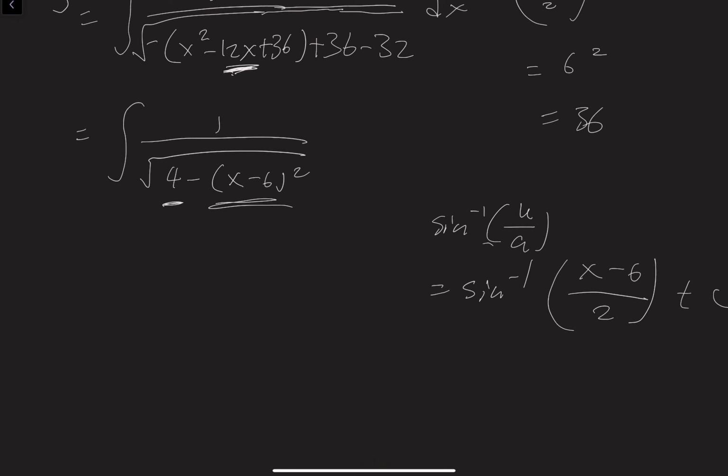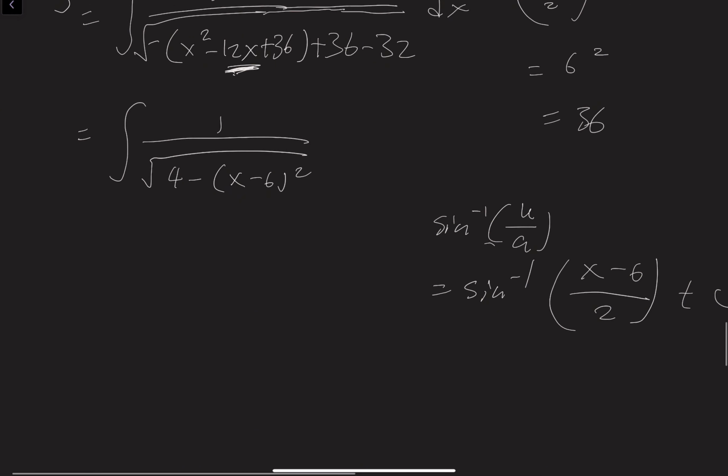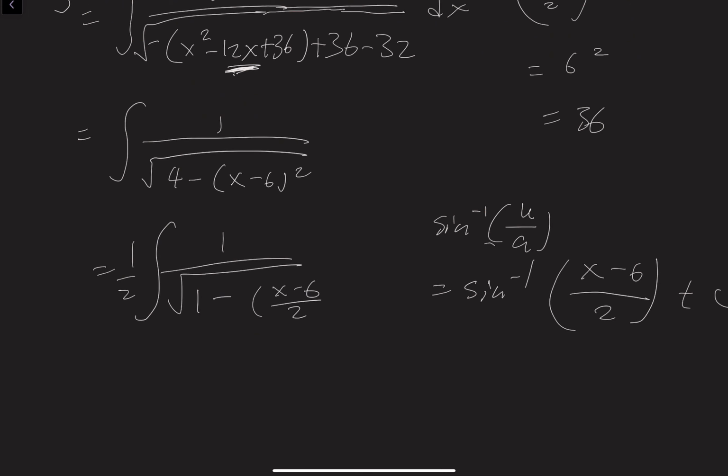So now we're going to factor out 1/2, equal to 1/2 times the indefinite integral 1 over square root. If we multiply this by 2 and we want to take it off from the square root, we have to square it. So that's 1 minus x minus 6 over 2 squared. Why is this?